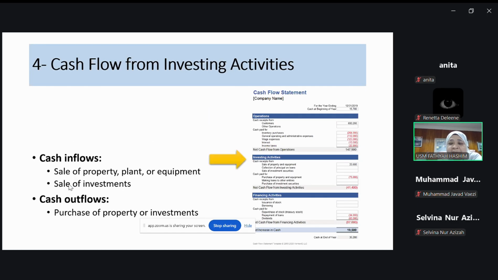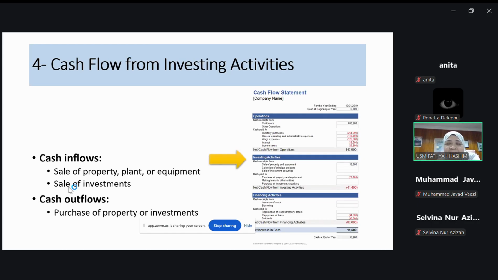Then we have the investing activities, the second activities in the cash flow statement, which include the sale of our asset, and also if we no longer want to invest, so we want to sell back, then we get back the money, something like that, right?